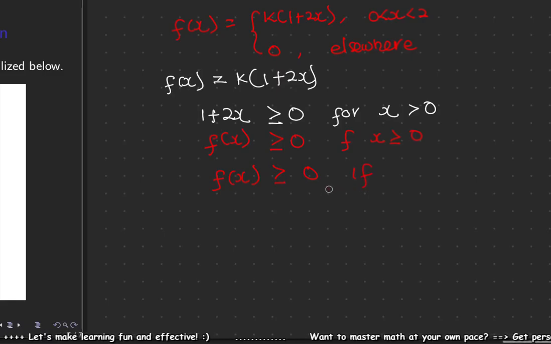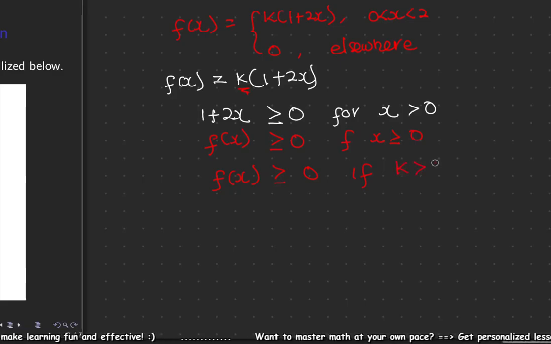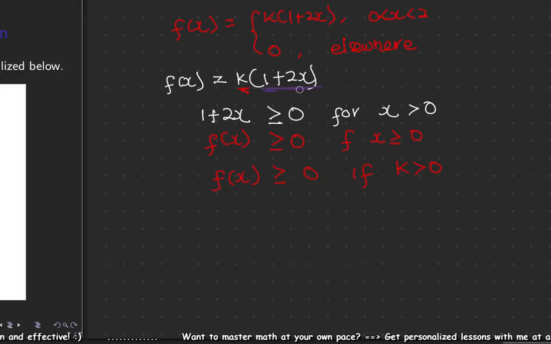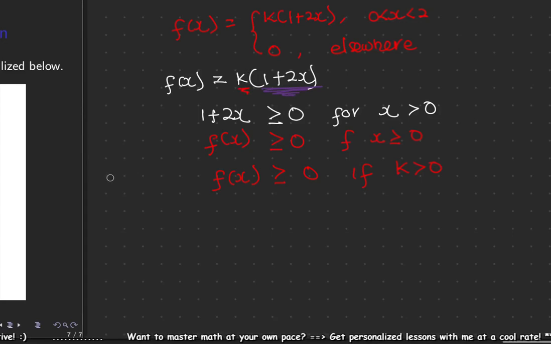Now the condition is on our k here. So if k is greater than 0, because at the end of the day, if you have the one in your bracket, only this one giving you a value that is greater than 0, and this k over here is going to bring it back to negative, then you have your f of x being what? Negative.